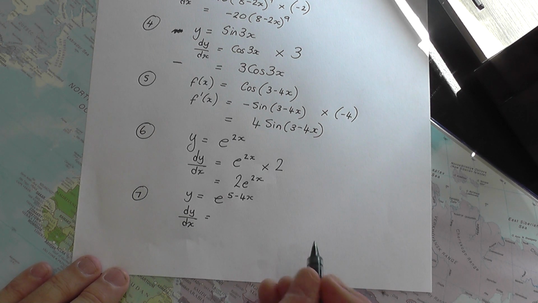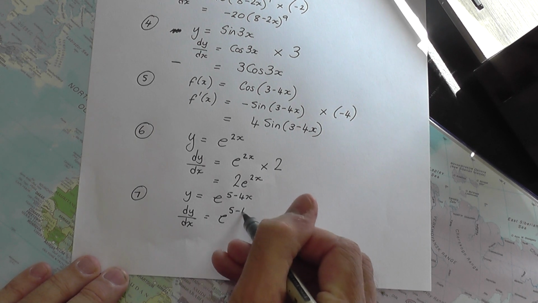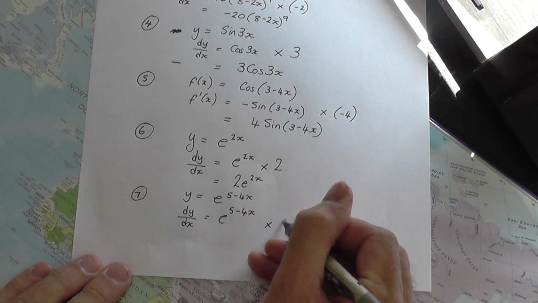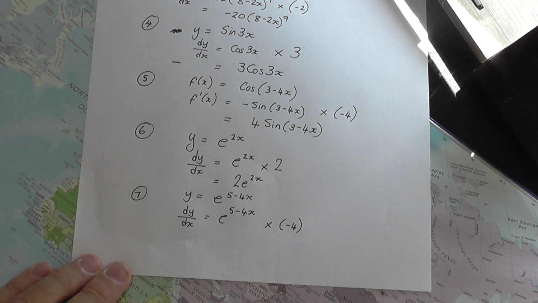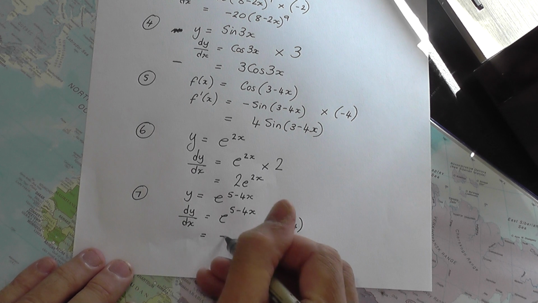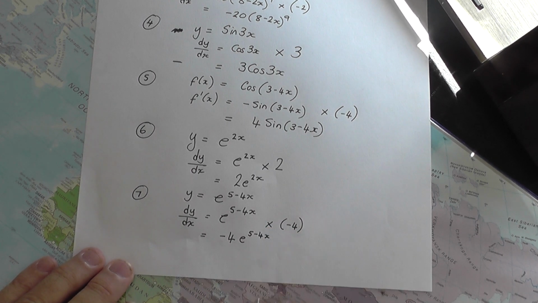So exponential takes priority. Exponential function differentiated, you get exactly the same exponential. You then go to the 5 minus 4x, you differentiate that, you get negative 4. You multiply by that negative 4. So your final answer will be minus 4 lots of e to the 5 minus 4x. And that's the end of that question.